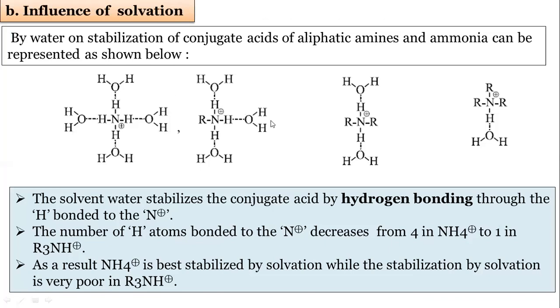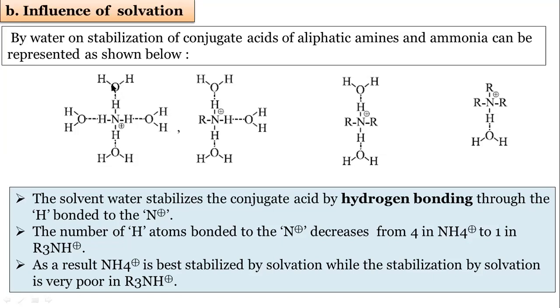Now I will explain what is meant by solvation. Solvation means when the protonated amines are dissolved in water. See, on this stabilization of conjugate acids of the aliphatic amines, it is shown here. All these are protonated amines. This is NH4 plus, this is protonated primary amine, this is protonated secondary amine, and this is protonated tertiary amine.